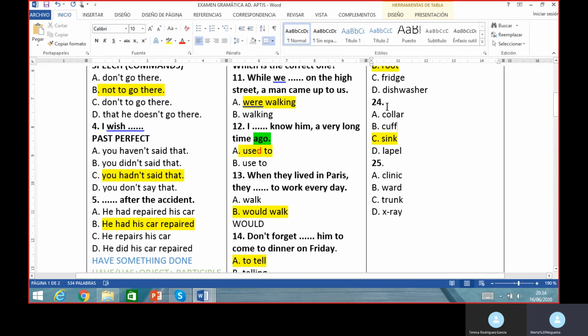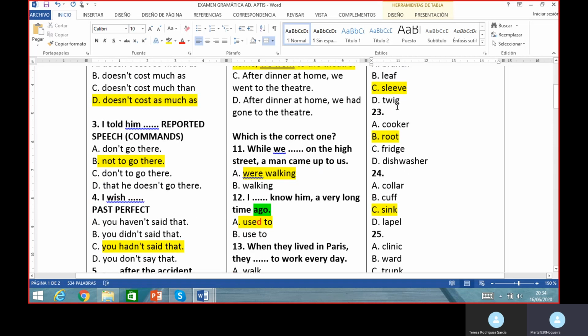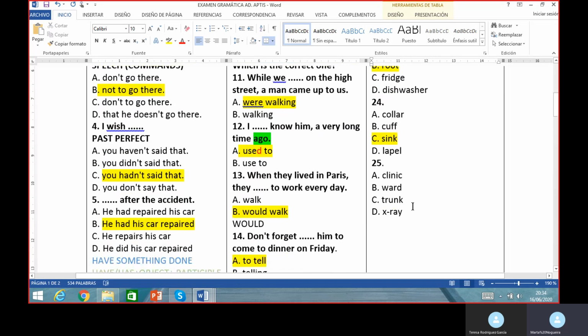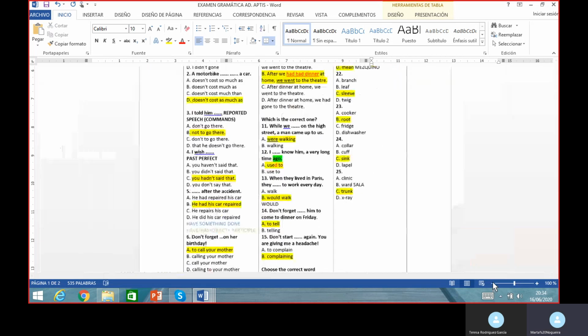Aquí, en este caso, son partes de la ropa, como sleeve, y sink es una parte, pues vamos a decir, de la casa. Y aquí tengo el último, clinic, ward, trunk, x-ray. Trunk es el que no pega, es tronco, ¿vale? Y clinic es una clínica, ward es una sala de un hospital, por ejemplo, X-ray, los rayos X, y trunk, tronco, entonces es la que no pega.